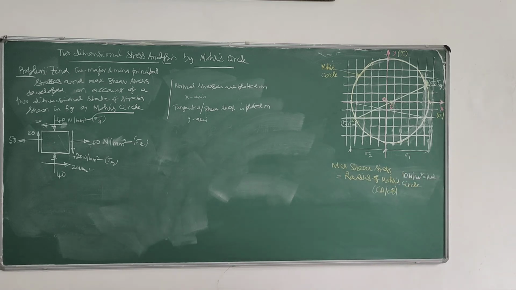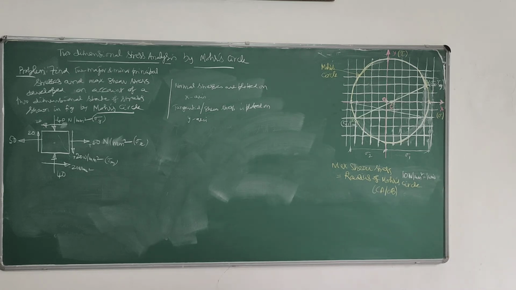That itself is the maximum shear stress. No calculation, nothing. Whereas in the theoretical approach, you calculate tau max as sigma 1 minus sigma 2 by 2; you have to compute sigma 1 and sigma 2 first. Here, straight away you will get it.